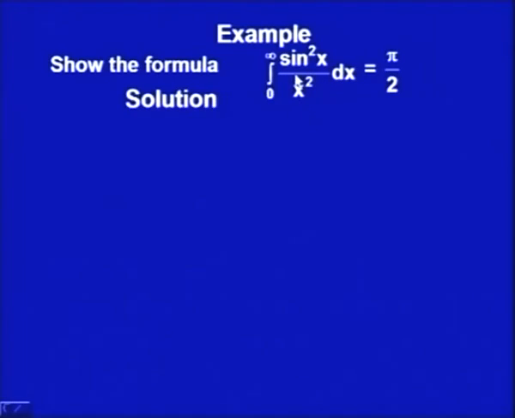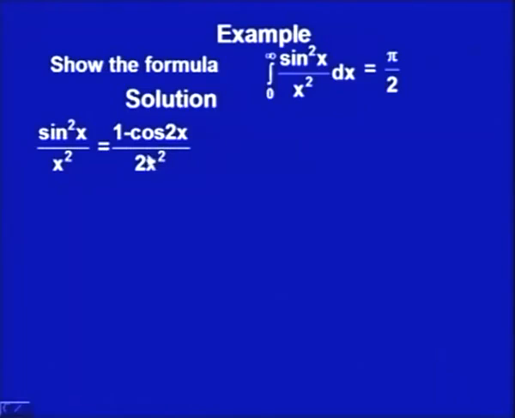We would like to convert it into the form of f(x) times cos x or sin x. We do know that sin square x is (1 minus cos 2x) upon 2. So sin square x upon x square we can write as (1 minus cos 2x) upon 2x square.